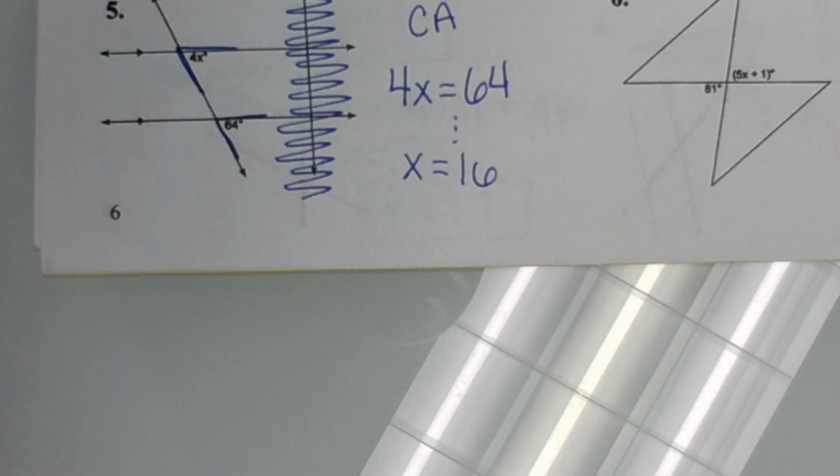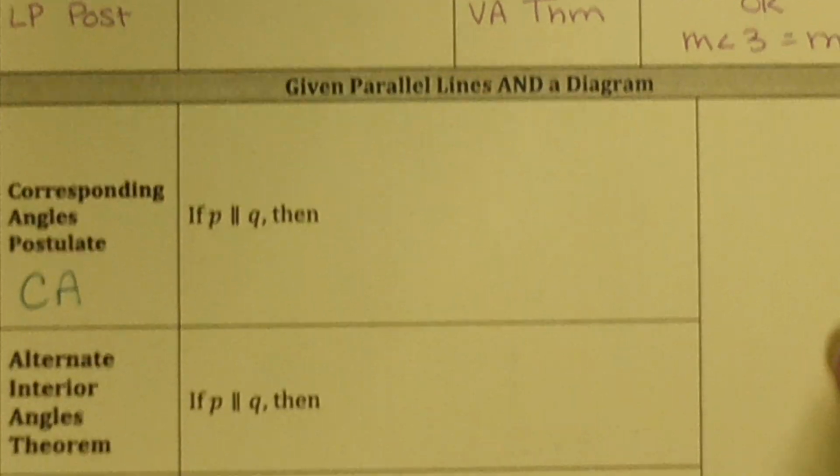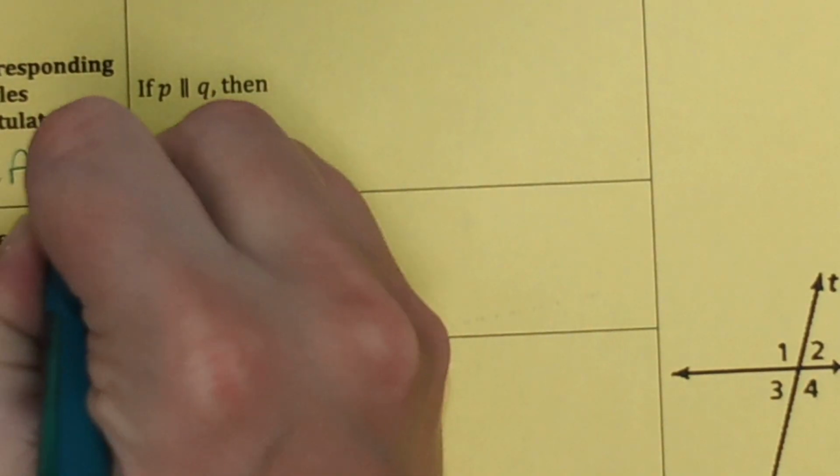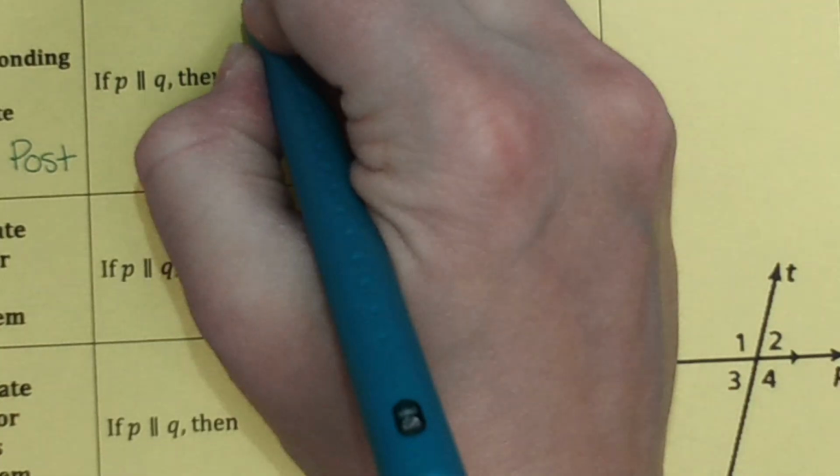So, if you did not already add it to your yellow sheet, I highly recommend you add your corresponding angles postulate to this sheet.